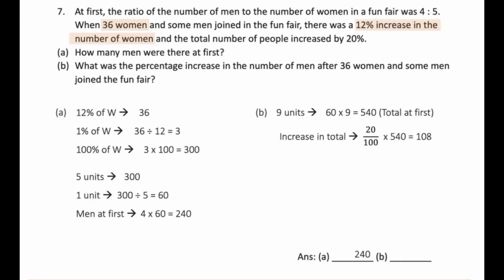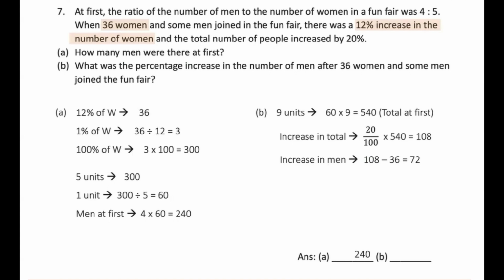The total increase in men and women is 108. We know that the increase in women is 36, right? Where 36 women joined. So 108 minus the 36 women that joined, you get 72. 72 represents the number of men that joined the fun fair.